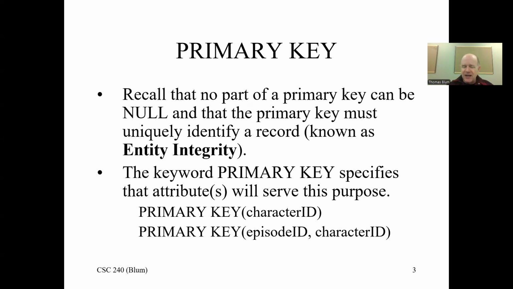And this is entity integrity, that we must be able to identify an instance of an entity uniquely, that I can give you a primary key and know that there is one and only one row, and then every row has a primary key, one and only one.